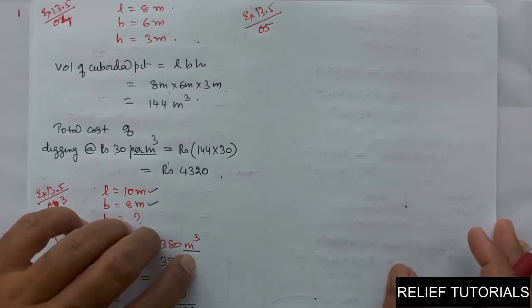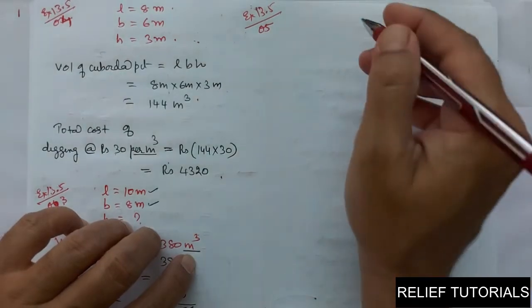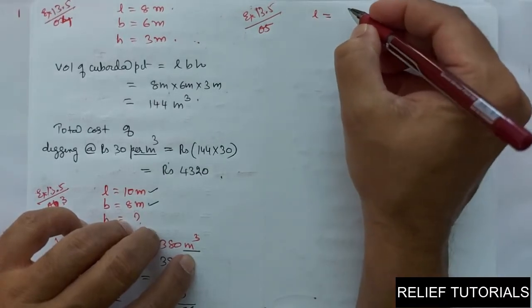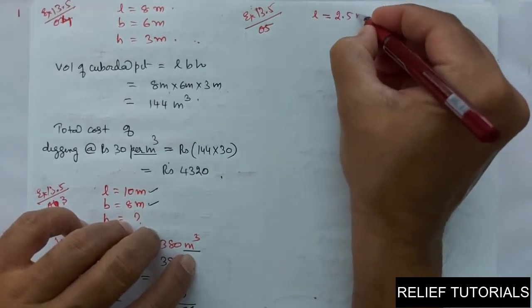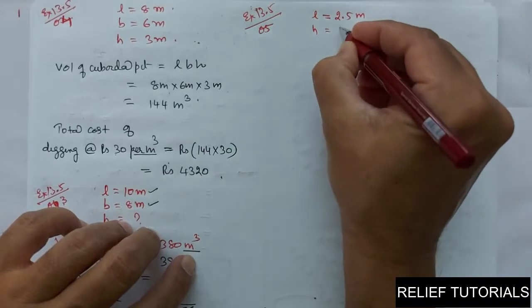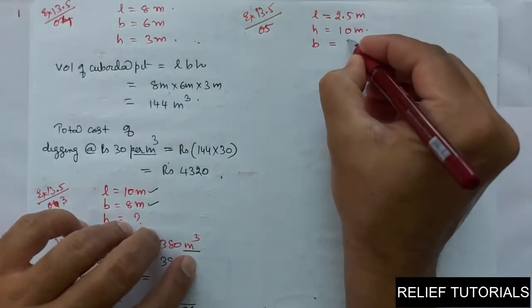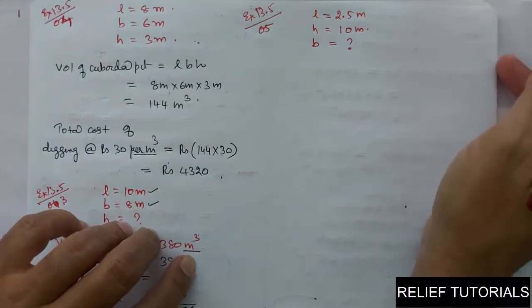This volume of water is given. Find the breadth of the tank if its length and depth are given. So length is equal to 2.5 meter, depth means height is 10 meter. Then you have to find breadth equal to question mark. Clear? And capacity is given here.